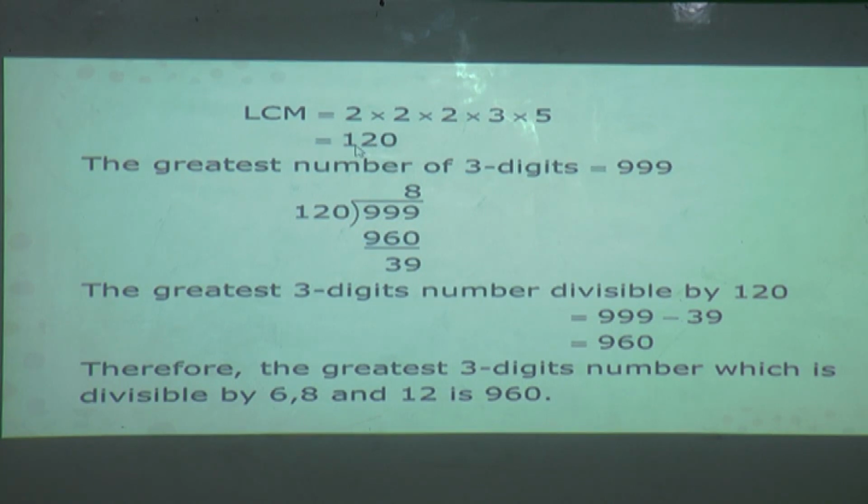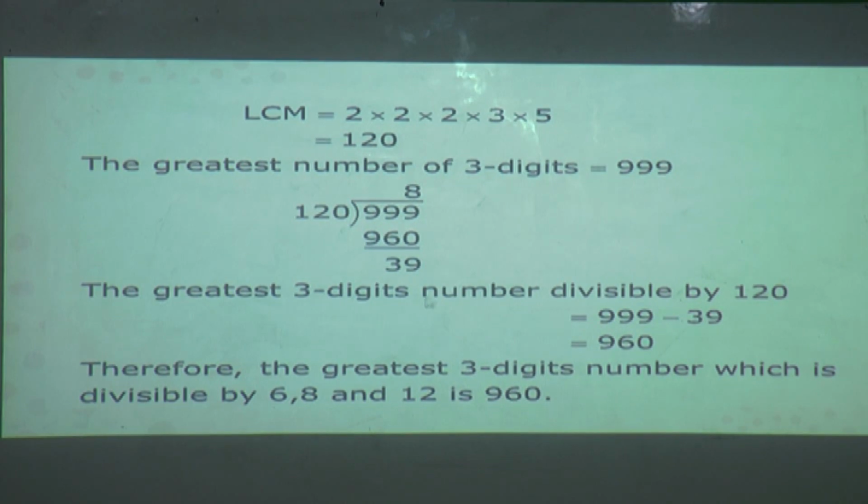So we have to find the greatest 3-digit number which is exactly divisible by 8, 10 and 12. The greatest 3-digit number is 999, which should be divisible by 120. 8 120s are 960 and the remainder is 39.